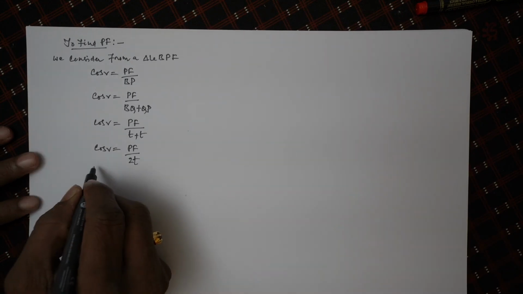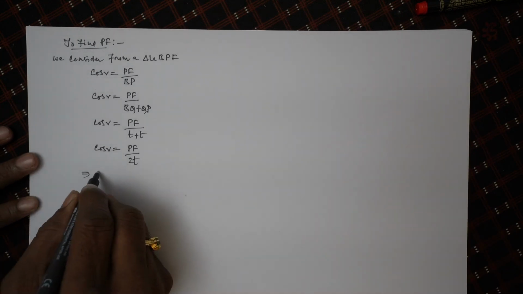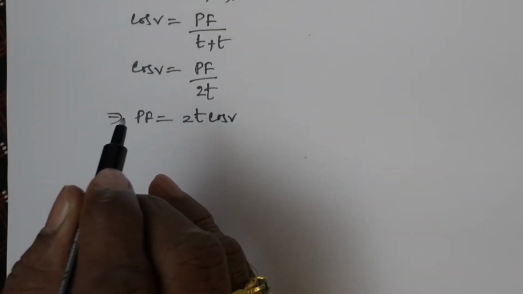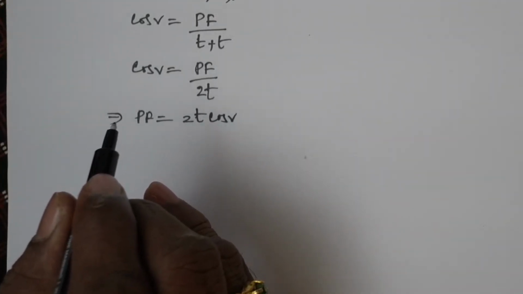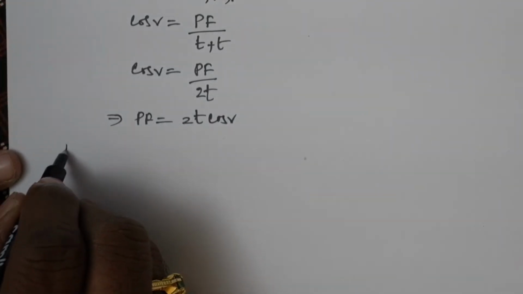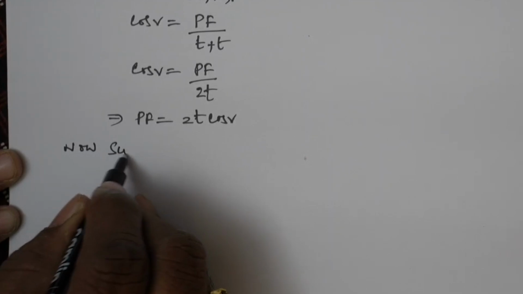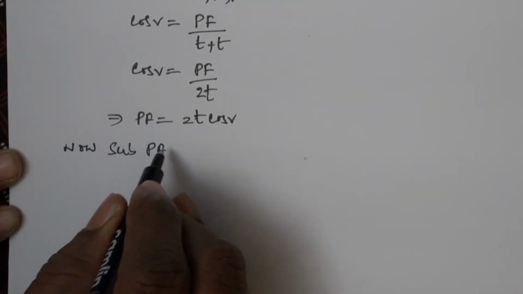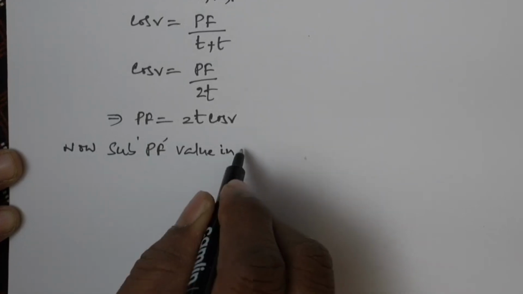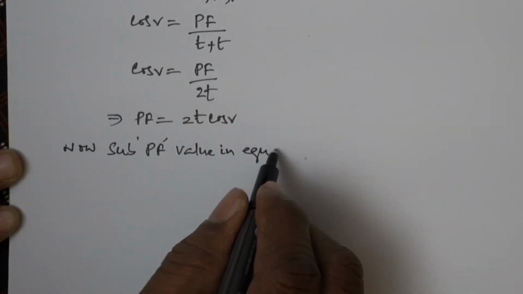Now I am taking cross multiplication. PF is equal to 2T cos R. Already in equation 3 we have delta is equal to mu into PF. Now substitute the PF value in equation 3.